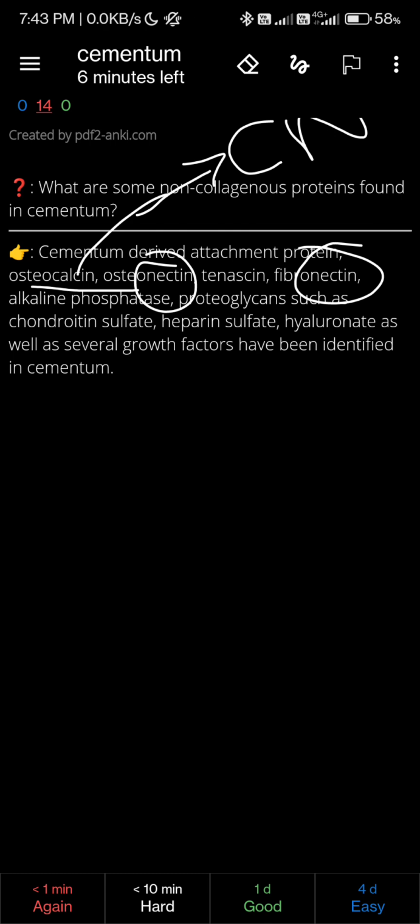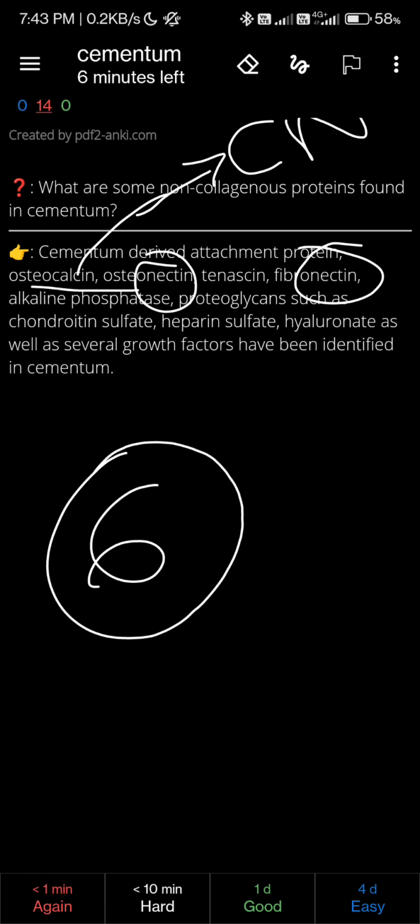Then we have proteoglycans such as chondroitin sulfate, heparan sulfate, and hyaluronate.